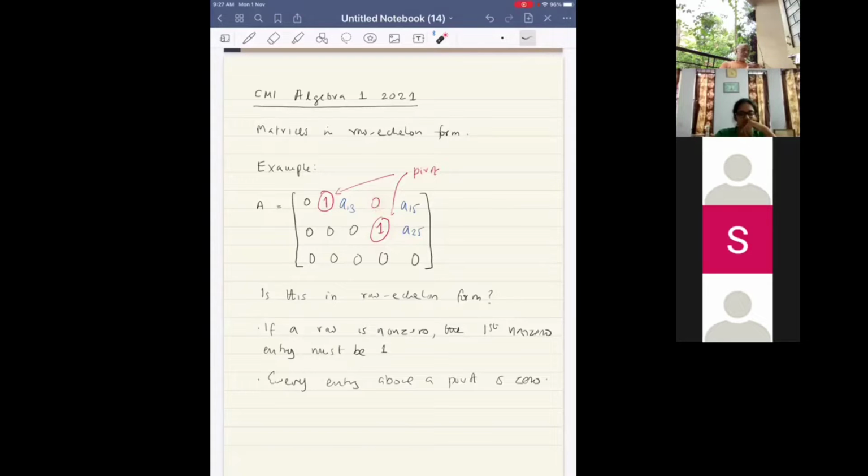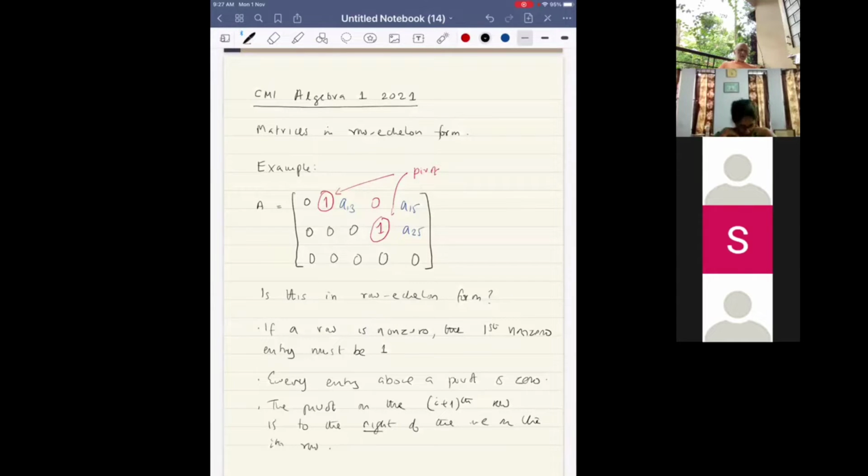Thirdly, the pivot on the i plus 1th row is to the right of the one on the ith row.